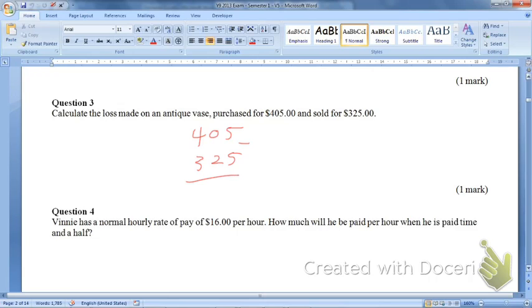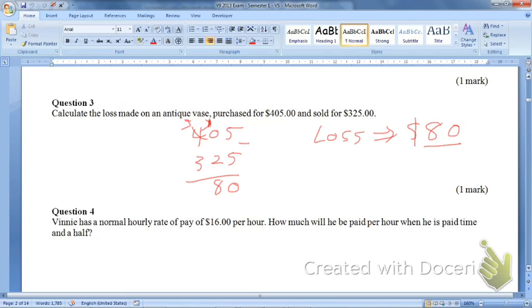When you subtract, you need to have the larger number on top of the smaller one. 5 minus 5 is 0. 0 minus 2 you can't do, so it becomes 10 minus 2 is 8. You're left with a 3 here. 3 minus 3 is 0. So the loss is $80.